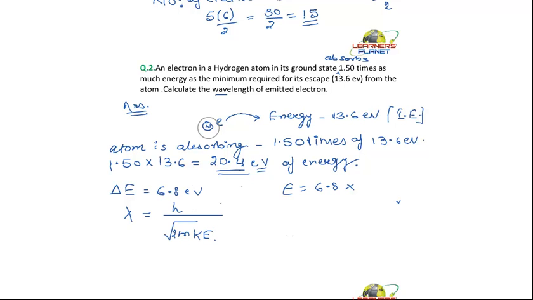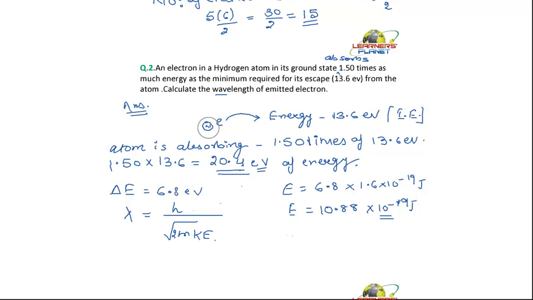We'll multiply it with 1.6 into 10 to the power minus 19 joule, so the energy now comes out to be 10.88 into 10 to the power minus 19 joule.